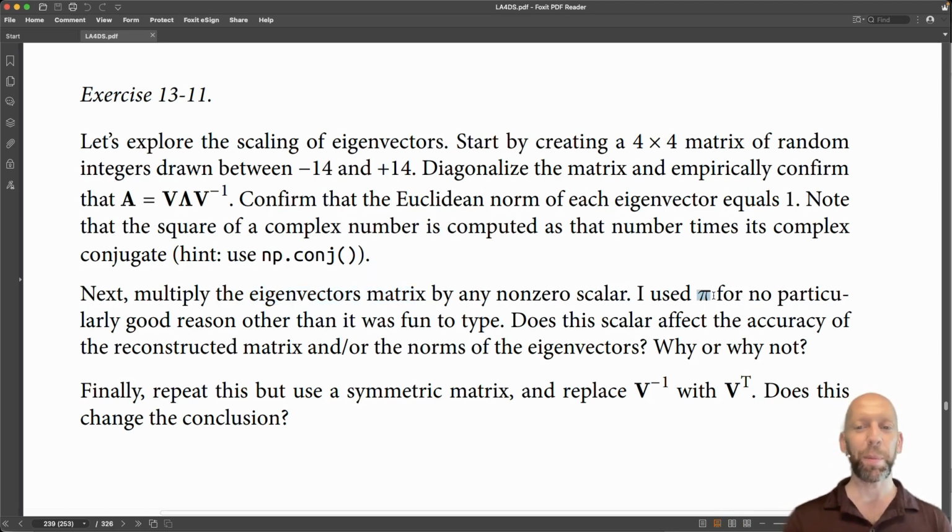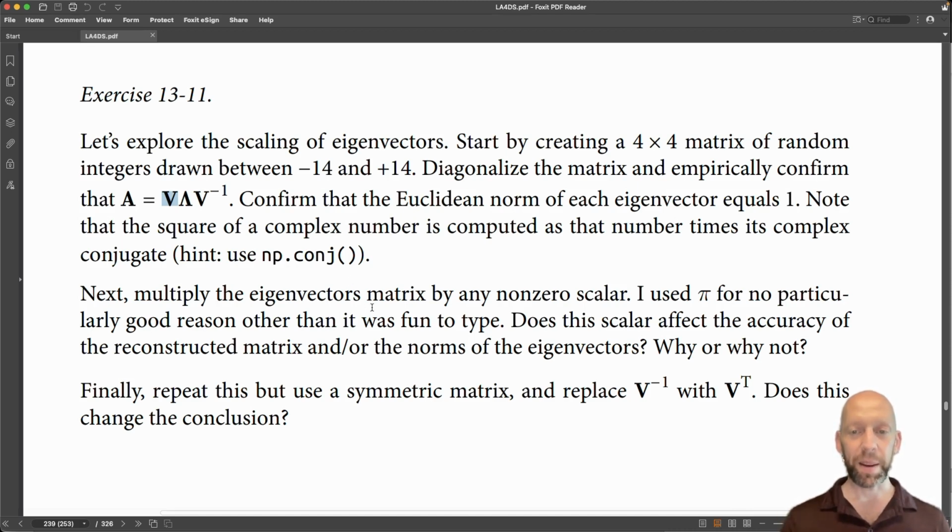You can multiply it by pi, or by 17, or by 47 quadrillion, 0.3, any random number. The entire matrix V you multiply by some arbitrary number. The important thing is that you're not multiplying each column by a different number; you multiply the entire matrix. So this is matrix scalar multiplication.